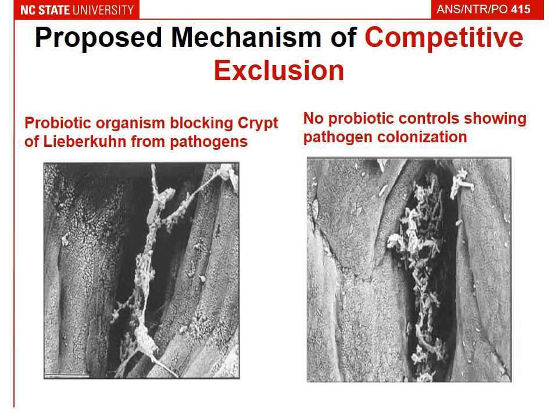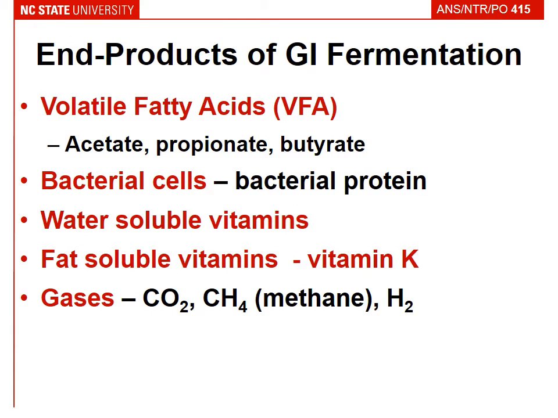When you look at the control birds that were not provided any probiotics within the diet, you can see all these bacteria that were able to adhere and grow within the crypts. So the probiotic bacteria are able to inhibit the pathogenic bacteria from adhering and maintaining their life within the crypts.